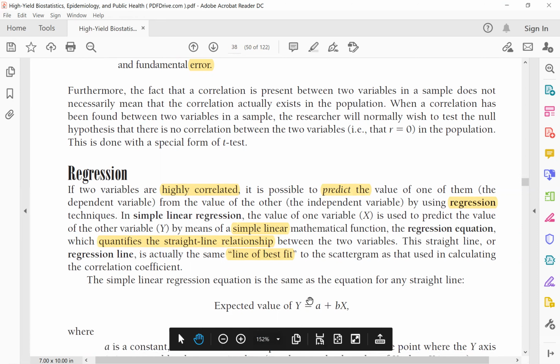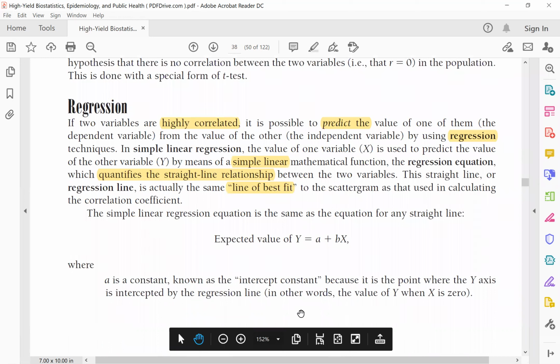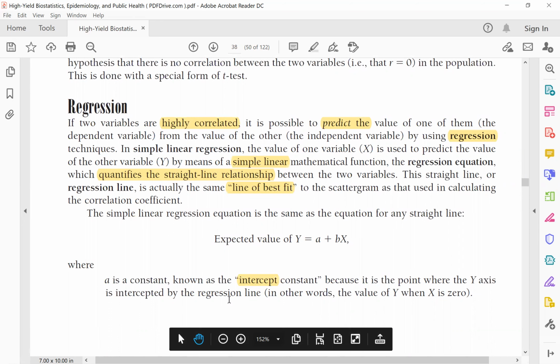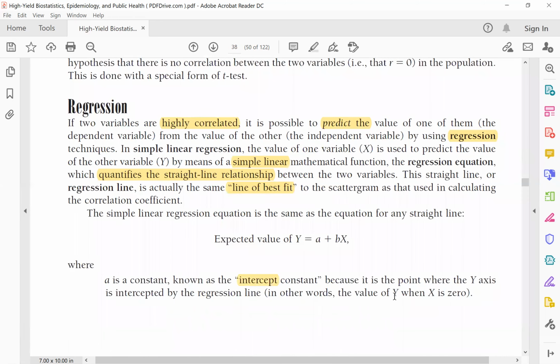Expected value of y, which is the dependent variable, equals a, which is a constant known as the intercept constant, because it's the point where the y-axis is intercepted by the regression line. In other words, the value of y when x is 0, plus b multiplied by x.